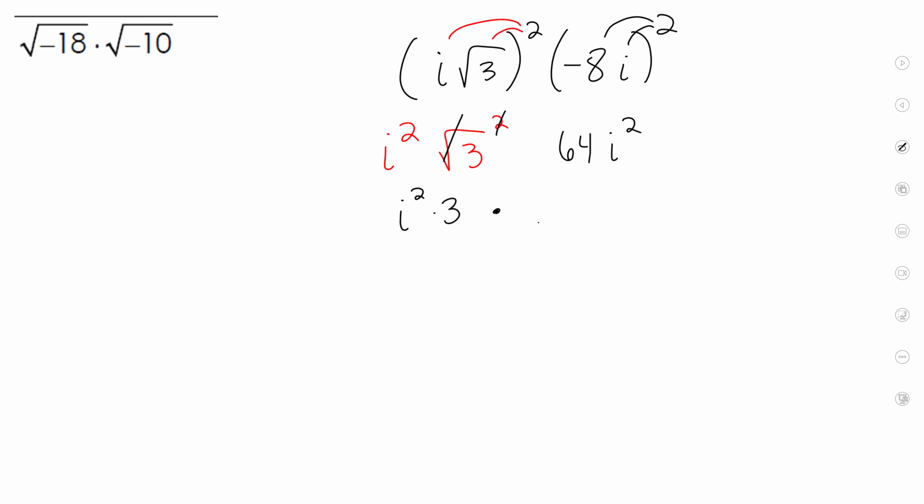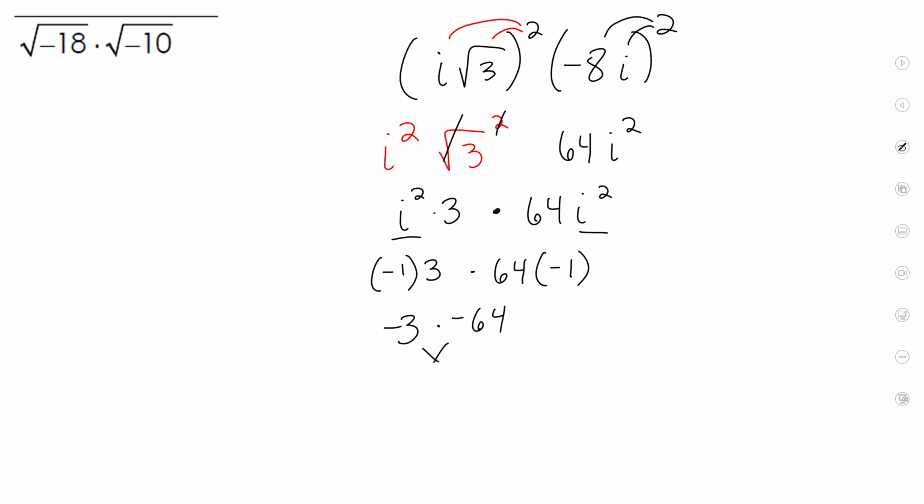So I'm just going to write that again. Okay, guys, what is I squared equal to? So this is negative 1 times 3 times 64 with the negative 1. Negative 1 times 3 is negative 3. 64 times negative 1 is also negative 64. And what are those two multiplied together? 192. So that's your answer.